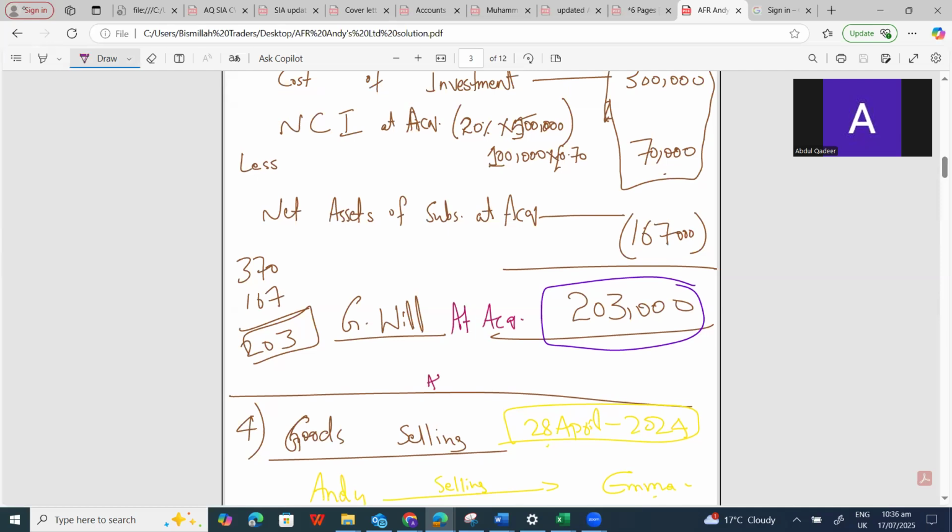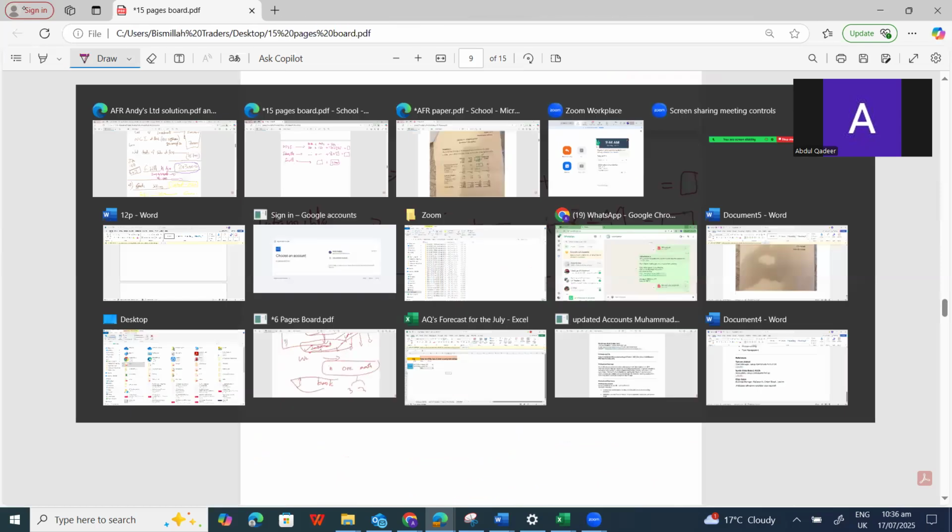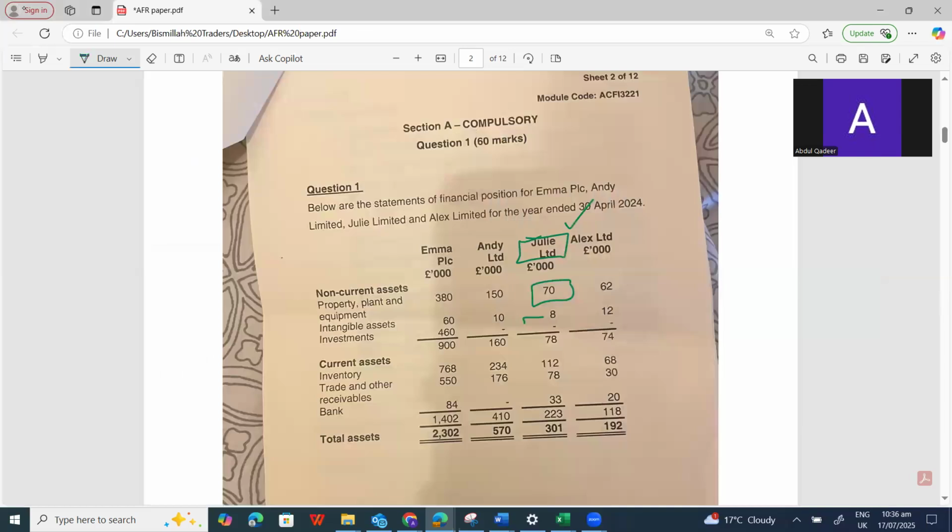We need to review the goodwill, whether it's impaired or not. In the case of Andy, we have been given in the question, in the goodwill notes, that goodwill has been impaired. Today we have to complete this question.